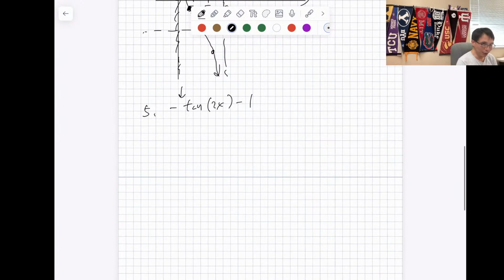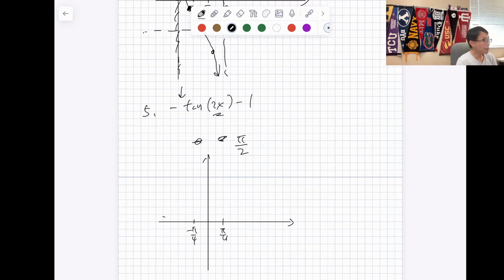So for tangent of 2x here, we know the period is pi over 2, because it's pi over b. Pi over b is pi over 2. So the half period on one side is pi over 4, and this is pi over 4.